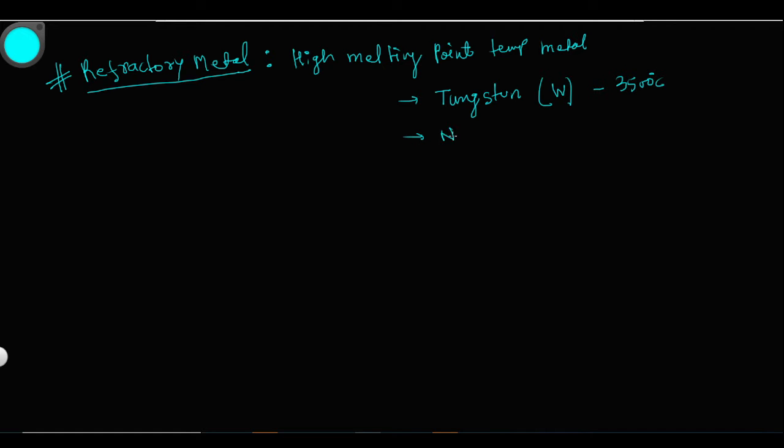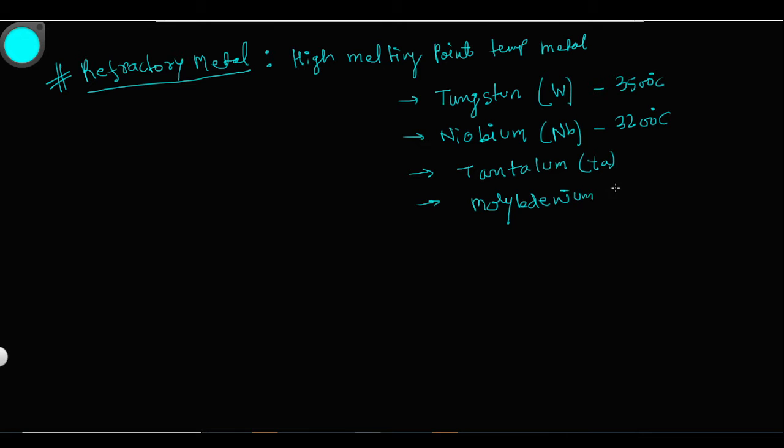Niobium, Nb, whose melting point temperature is 3200 degree centigrade. And tantalum, Ta, and molybdenum, Mo.